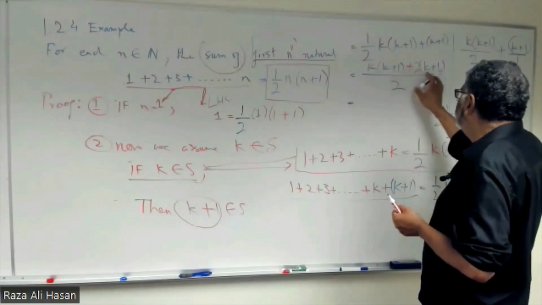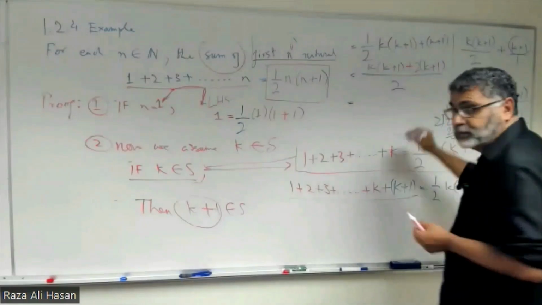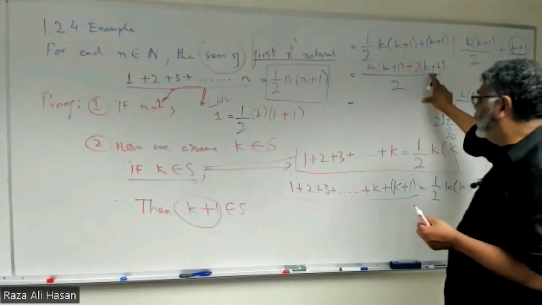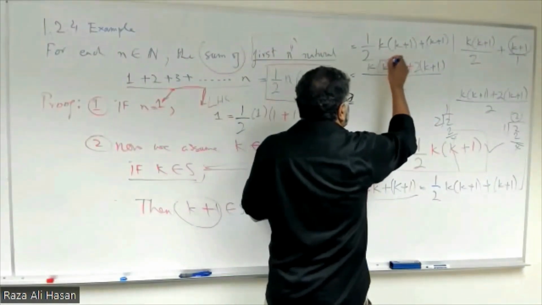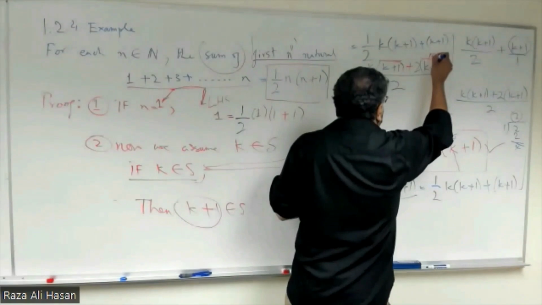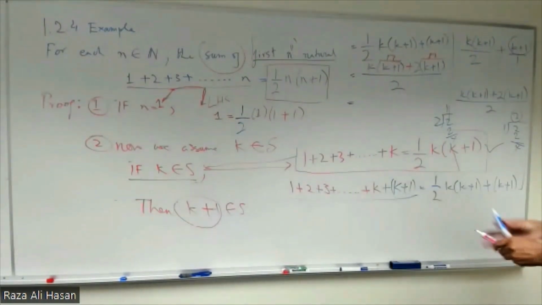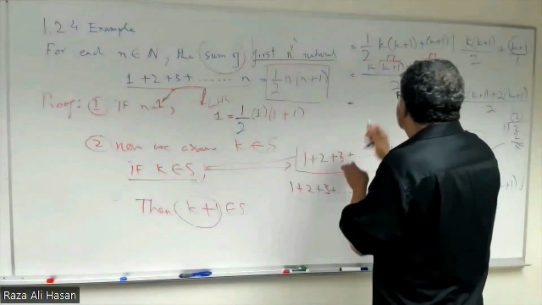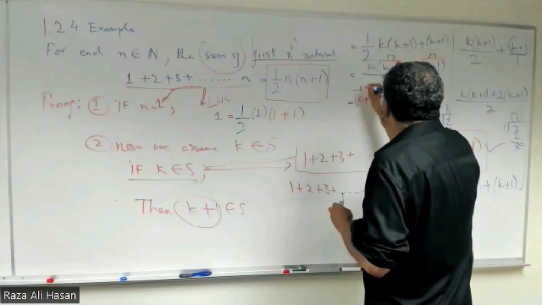Okay, I'm going to take k plus 1 out of this whole thing. So I'm going to take this k plus 1, and okay, the ones with the hats, these 2 guys, right? I'm going to take these guys out and I'm going to say k plus 1, and I might make a mistake.